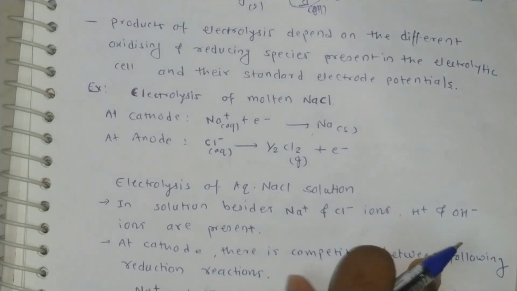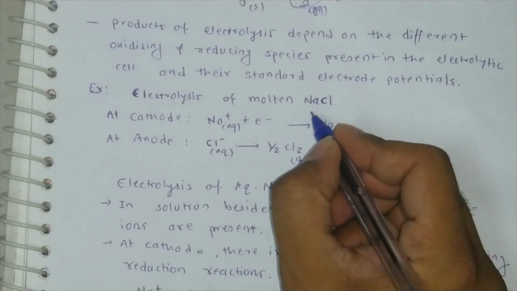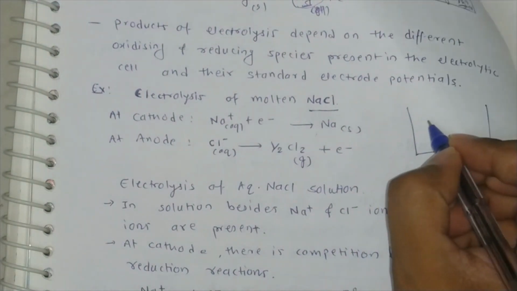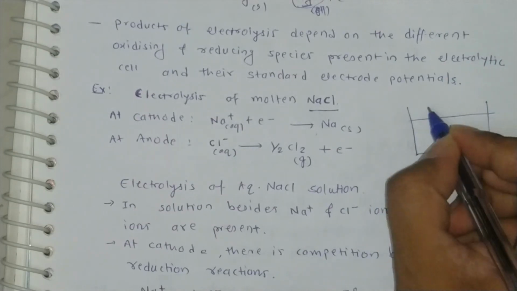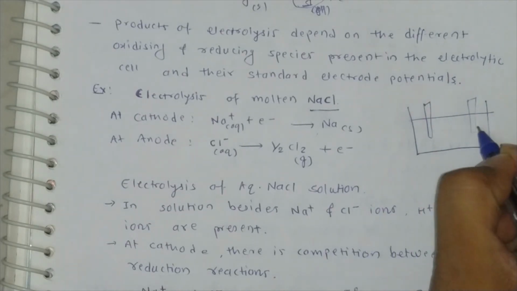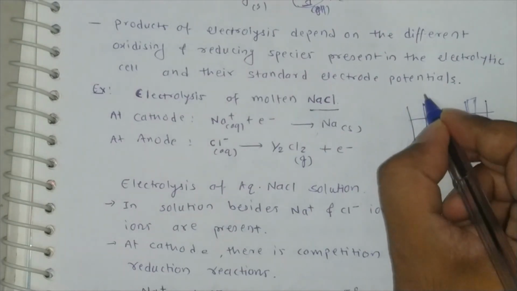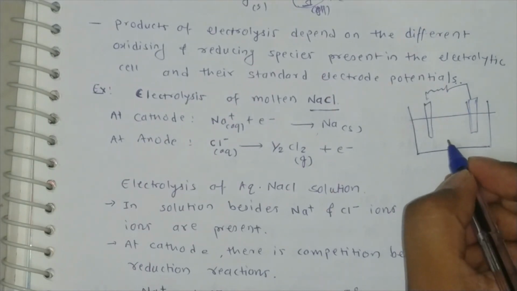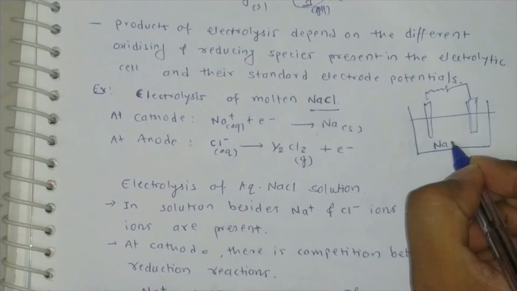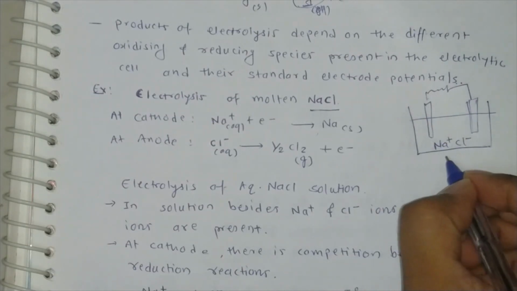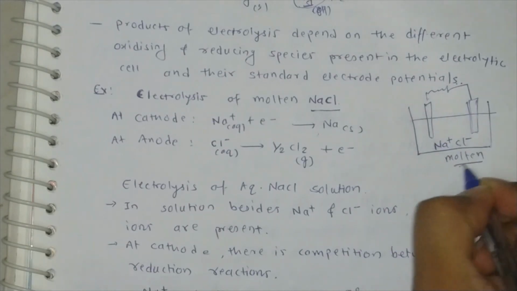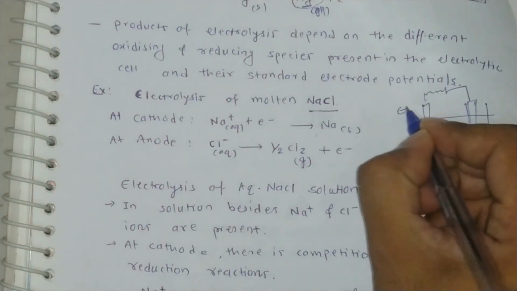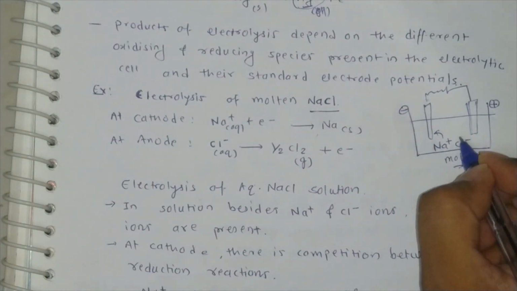Now let's take an example. If we want to electrolyze molten NaCl, molten NaCl will have only two ions, Na plus and Cl minus. There is no presence of water molecules. So we have two electrodes. These are platinum electrodes. Now we are not talking about the type of electrodes used; we are talking about the type of electrolyte used. So Na plus will go to the cathode and Cl minus will go to the anode.